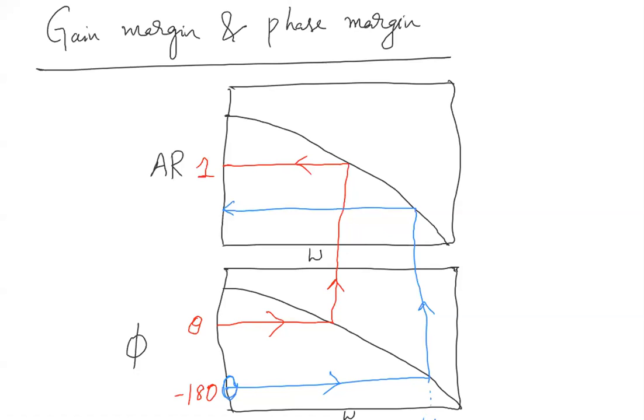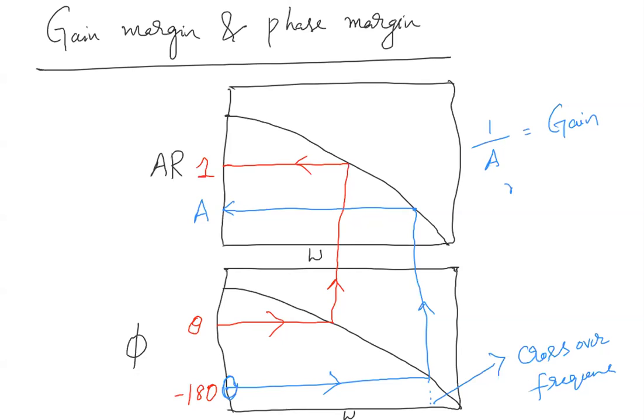Crossover frequency. At that frequency, calculate the amplitude ratio, which is, let's say, A. Then 1 by A is called gain margin.